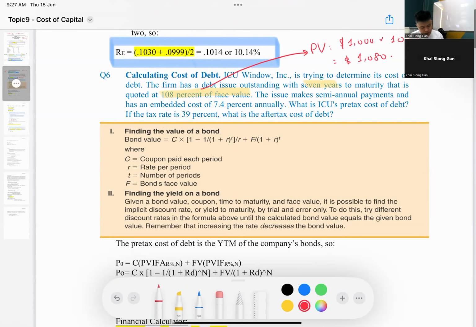Then after that, remember for PV, you must put a negative later on. Okay, the issue makes semi-annual payments. Semi-annual. So you need to do some calculation later on.